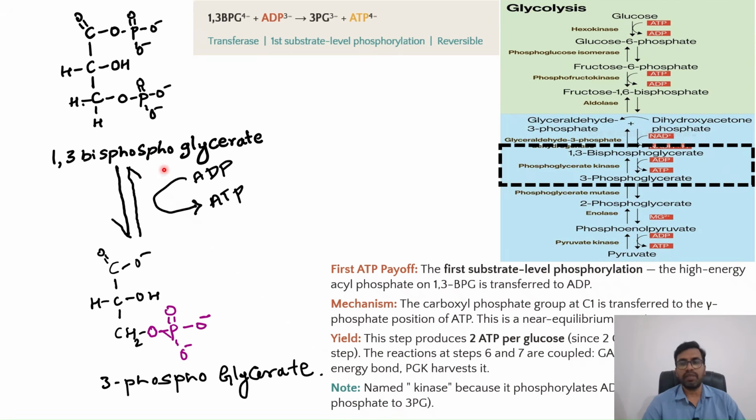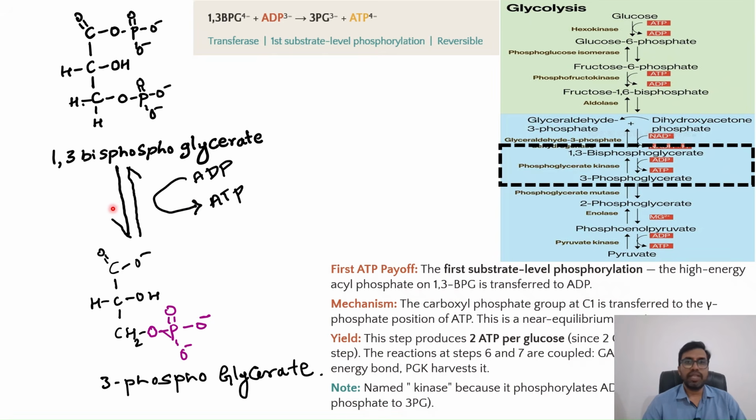We have seen in the previous reactions that usually ATP will give its gamma phosphate group to the substrates. However, in this particular reaction, ADP takes up the phosphate group from carbon number 1, and that will be converted into the gamma phosphate group of this ATP.